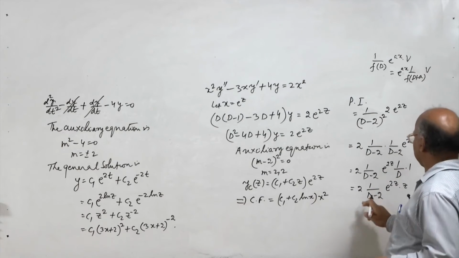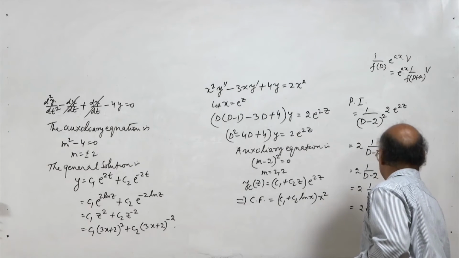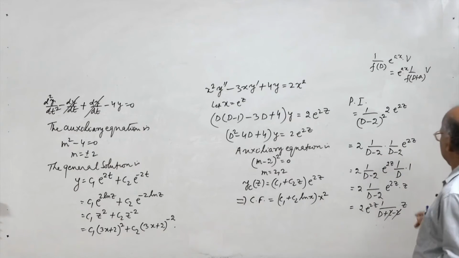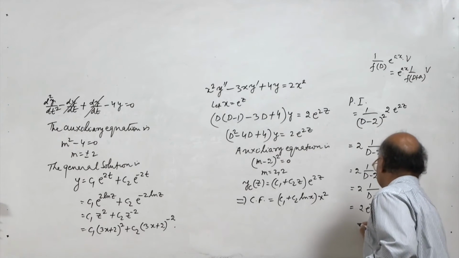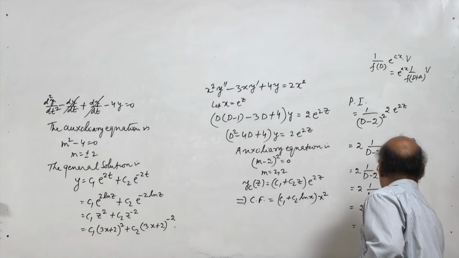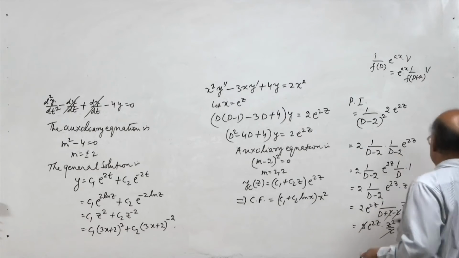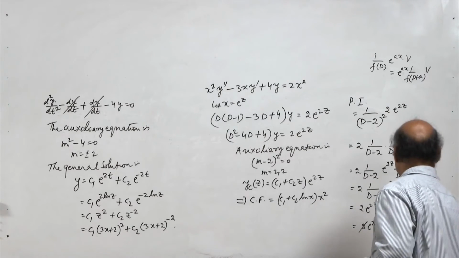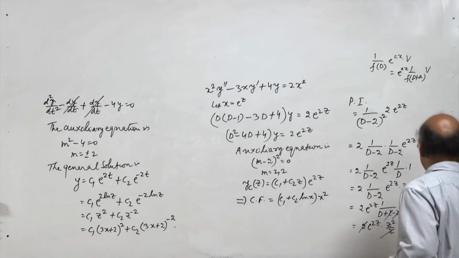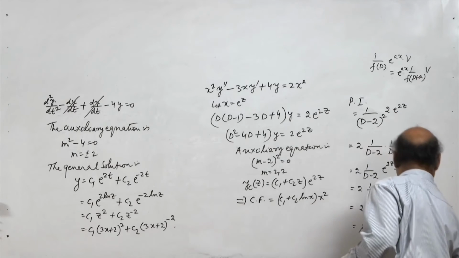Now again e to the power 2z into b, so we get 2 times e to the power 2z 1 over D plus 2 minus 2 operating on z. 1 over D when operating on z gives the integral of z, so 2 times z square by 2 into e to the power 2z. Writing z in terms of x, we write z equal to ln x, so this is ln x whole square, and e to the power 2z is x square. So this is the particular integral y p of x.